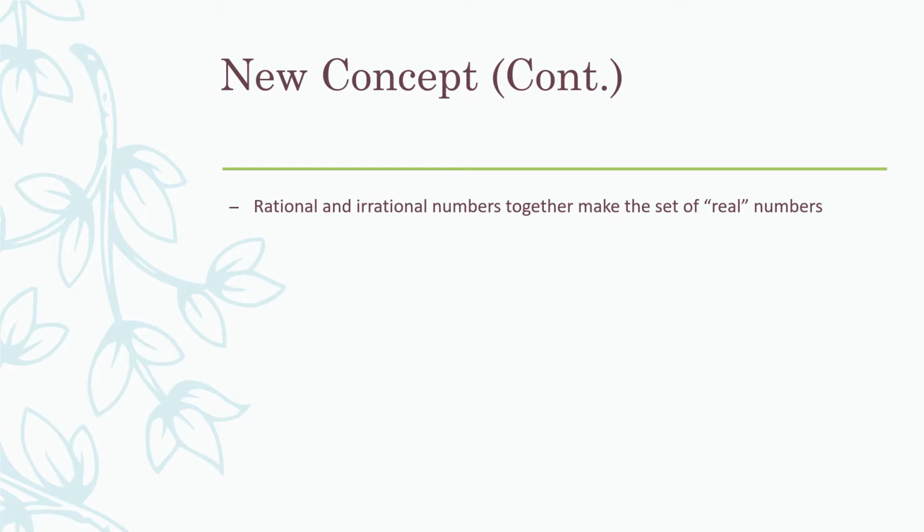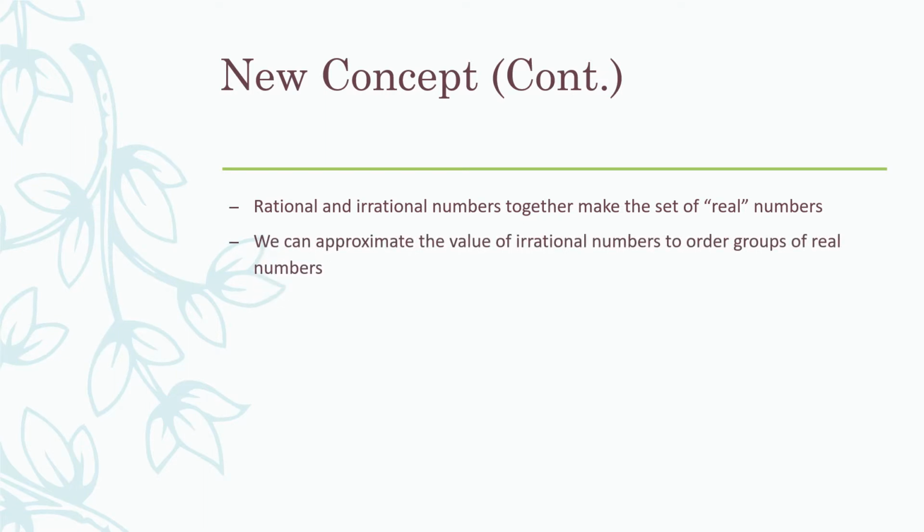Irrational numbers are what we just talked about, decimals that go on forever but they don't repeat. All those together make the set of real numbers, and we're not going to talk about the other set of numbers. You'll talk about those in high school. There are numbers that are called imaginary numbers, believe it or not, in math. So real numbers is about as far as we go with sets of numbers.